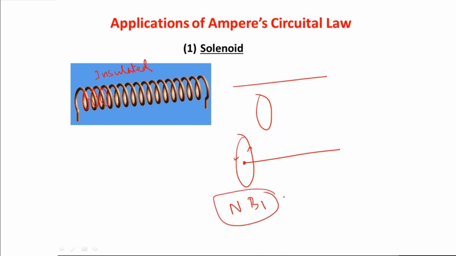Now take this solenoid as a long solenoid, where the length is much greater than the radius r. This is called a long or infinite solenoid.